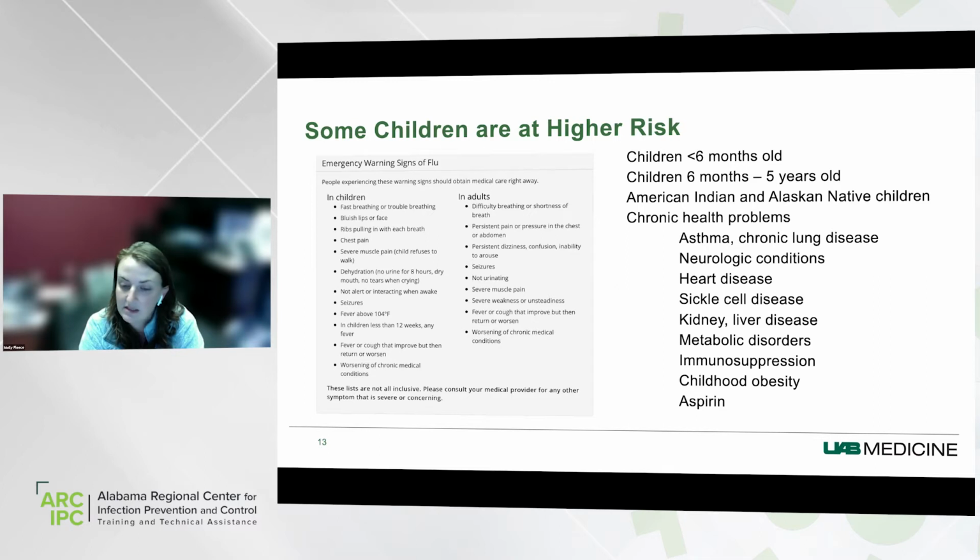Any child with immunosuppression, either from an underlying medical condition or from medications that reduce their immune system. And childhood obesity, a big category here in the Southeast unfortunately, would place these children at higher risk as well. And then thinking about aspirin and the Reye syndrome that I mentioned earlier.